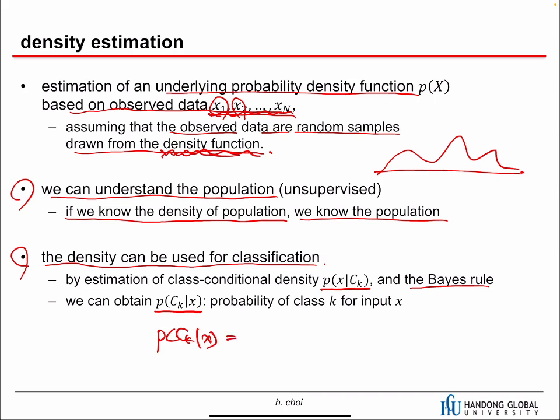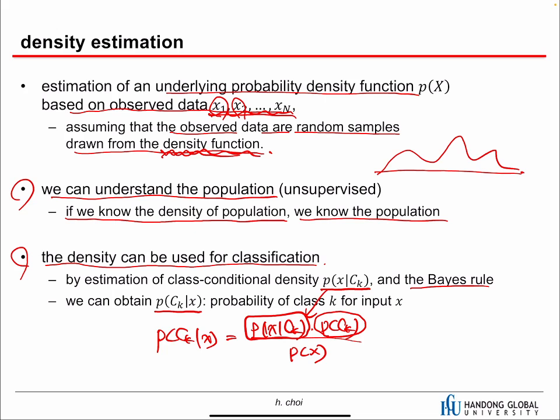And then this one can be written like this. So this is a prior distribution for the class. If we have no idea about it, then we can simply use the uniform distribution. And this one is coming from the density estimation.